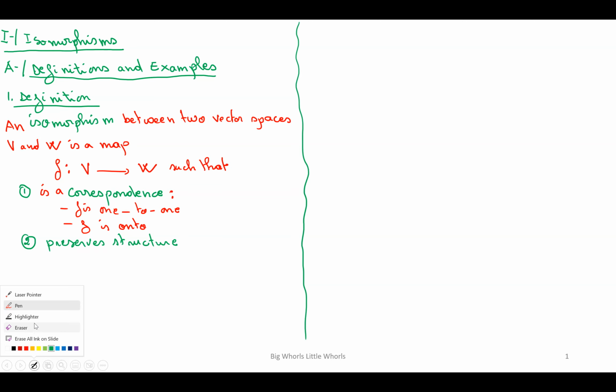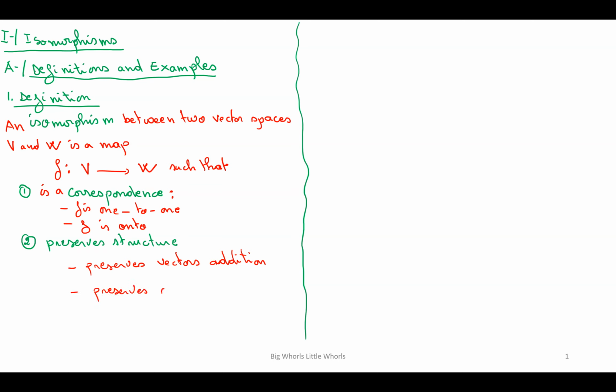So basically by preserving structure we mean it preserves vector addition and it preserves scalar multiplication.